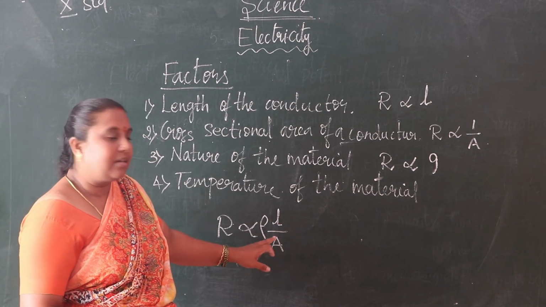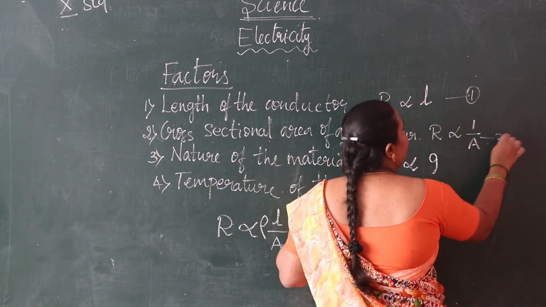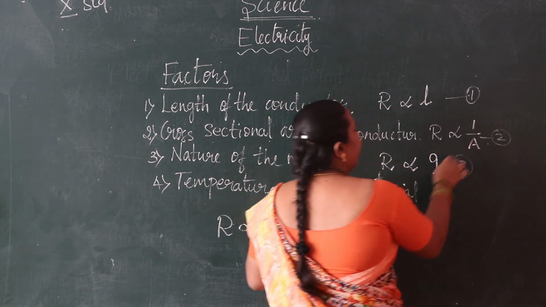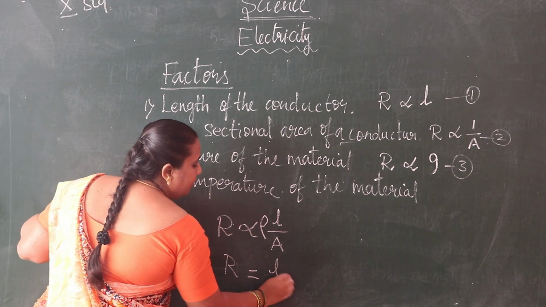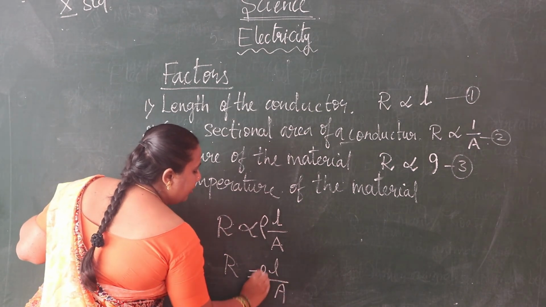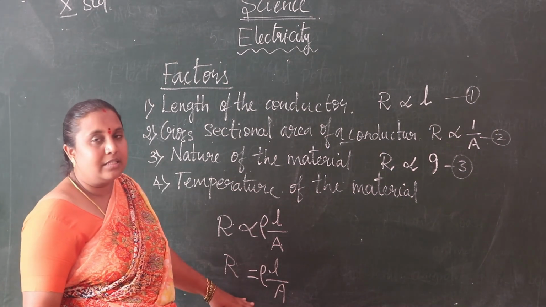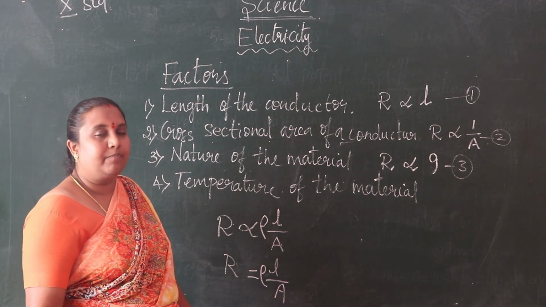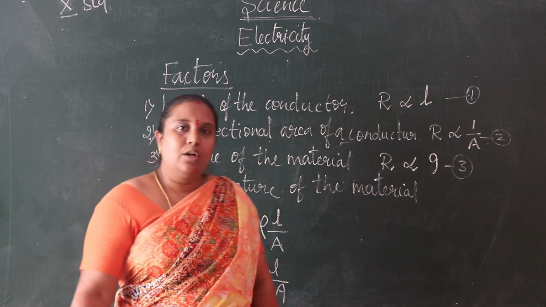We write these as equations 1, 2 and 3. From these three we can write R equals rho into L by A. We can use this formula to find the resistance of the material in a circuit. Okay children, understand?